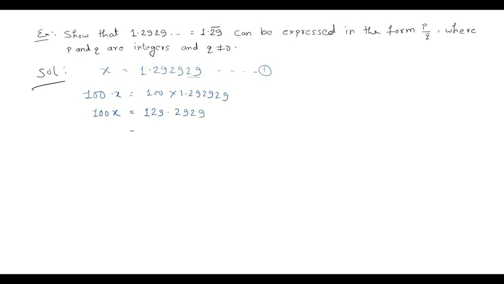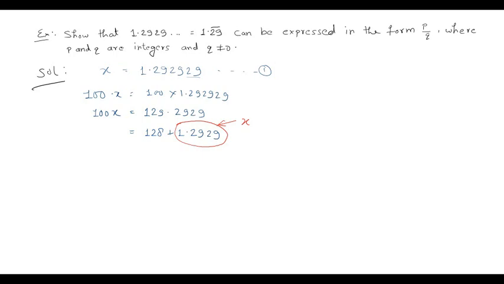We can also write it as 128 plus 1.2929... Again, from equation 1, this value is x. We will substitute this value.